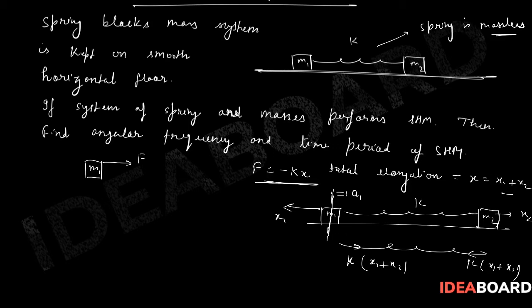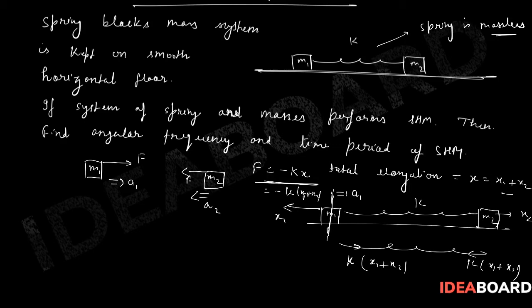And here this becomes minus k (x1 plus x2), so this will become kx. Now this force F is there, so obviously there will be a1 acceleration in this direction, and for the mass m2, the force will be in this direction, so of course a2 acceleration will be in this direction.